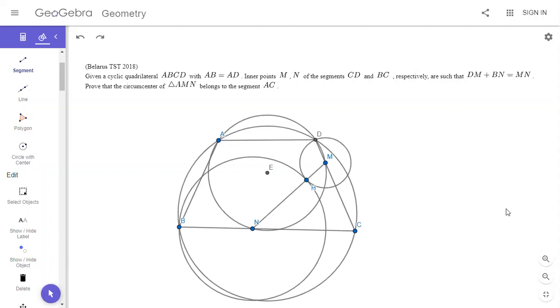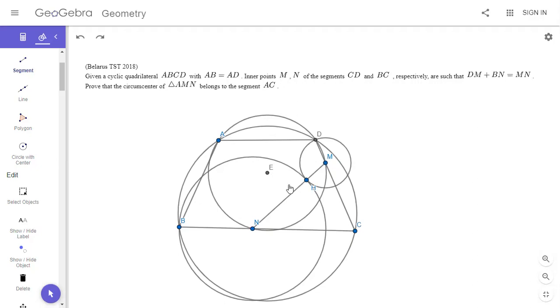So let's see, how do we use that condition? The circumcenter of AMN belongs to AC. So we could try to show angle NAC is equal to NAE. It's one way to do it.